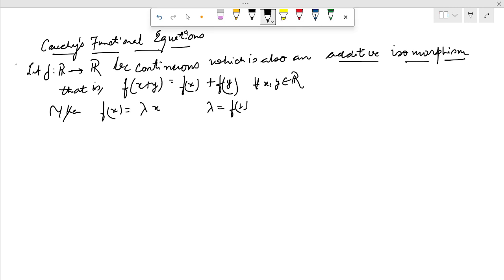This is an important thing. This is called Cauchy's functional equation.